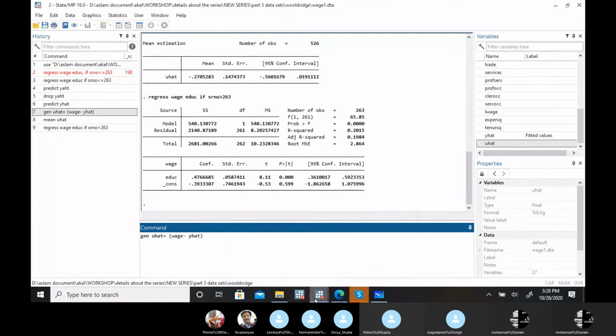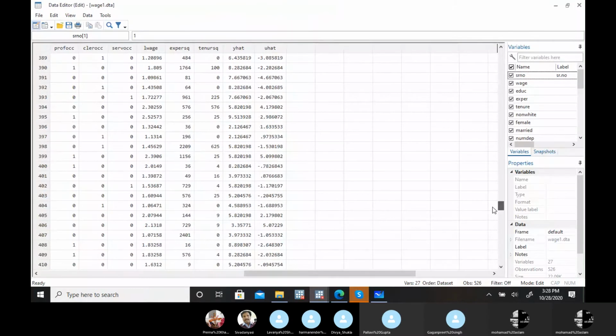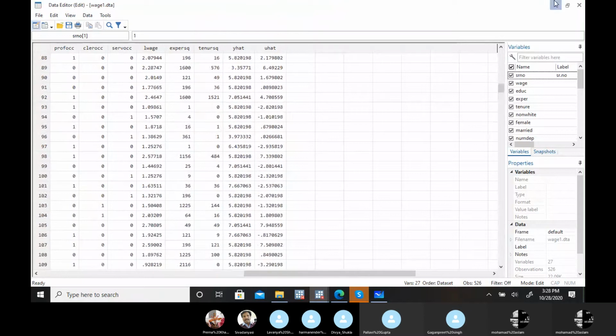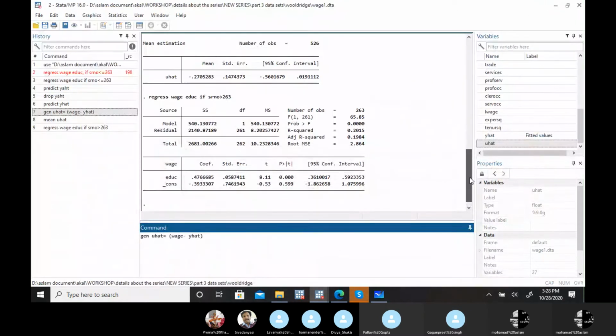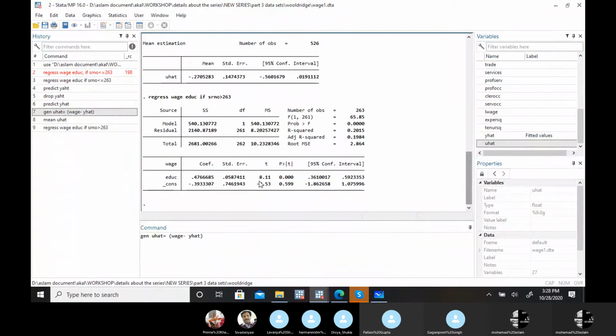Let me see, is it for only the first 263 or for all the observations? Oh, it did already for all the observations because I have not instructed Stata to generate y hat only for the initial 263.